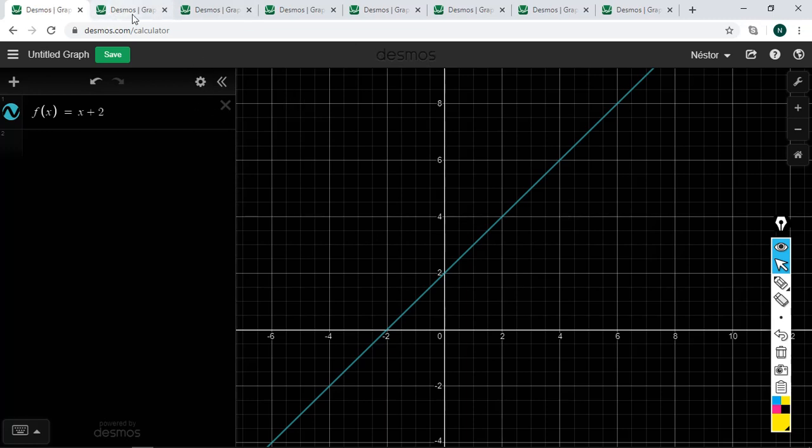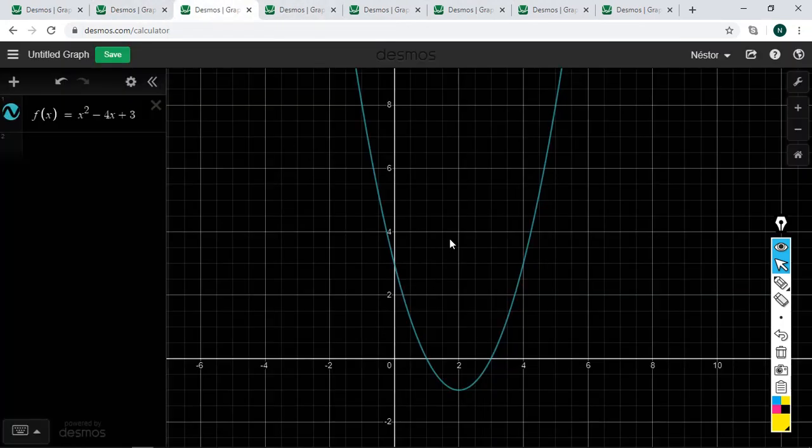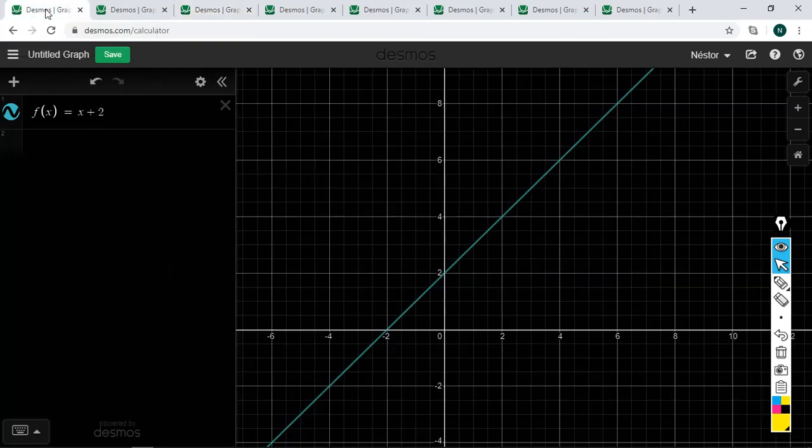So in here we have 8 functions. This is the first one, second one, third one, and so on. We're going to analyze 8 functions, and we're going to analyze all the stuff that I told you about, which I remind you are 3 concepts: the intercepts, the x-intercept and the y-intercept.